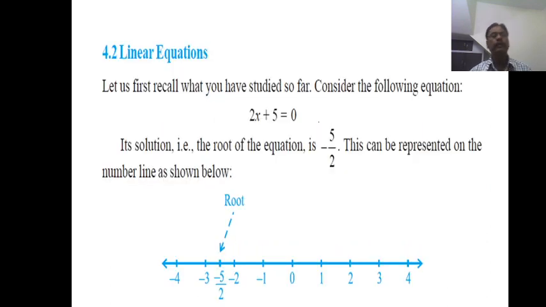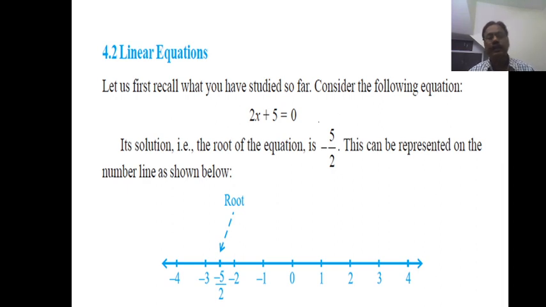Yes, linear equations. Children, why do we call it linear equations? We have already studied in the previous chapter in polynomials. We have studied different types of polynomials as linear polynomial, quadratic polynomial and cubic polynomial. In the linear polynomial we have already seen that why do we call it linear polynomial?